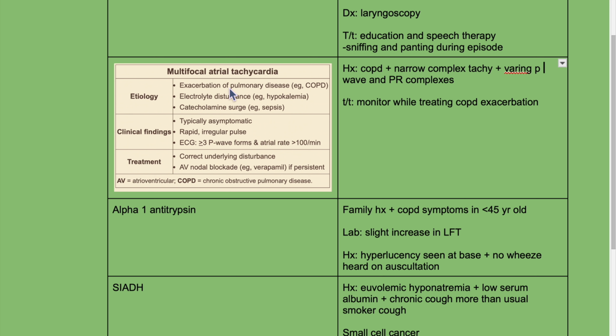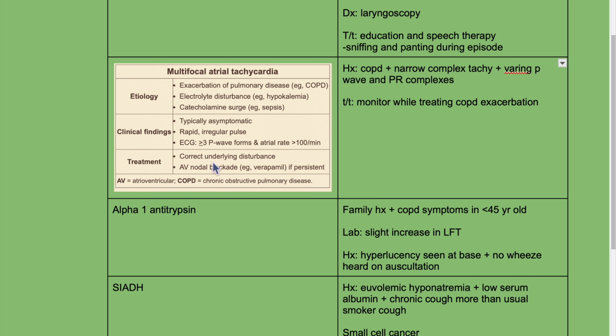Etiology is exacerbation of pulmonary disease, for example COPD. Electrolyte disturbances like hypokalemia and catecholamine surges like sepsis. Clinical findings are typically asymptomatic. However, there may be rapid or irregular pulses, and ECG will show more than 3 P-wave morphologies and an atrial rate more than 100 per minute.